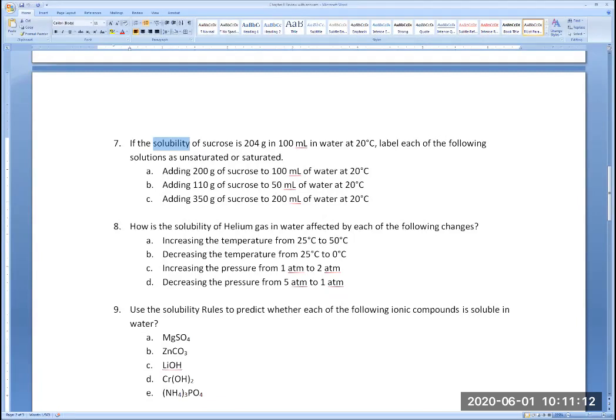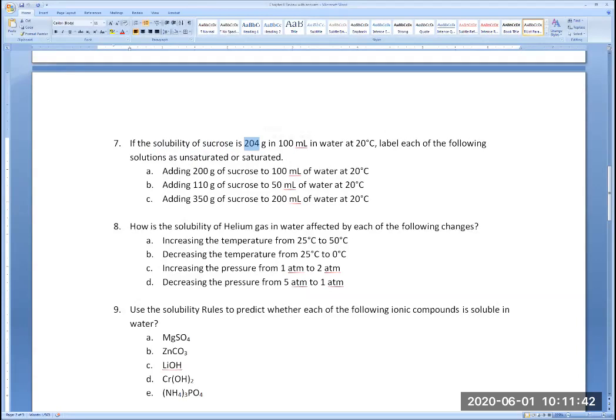And so here in this problem, it's about sucrose. Sucrose is sugar. So the solubility of sucrose is 204 grams in 100 milliliters of water at 20 degrees Celsius. So we know that at 20 degrees Celsius, when you have 100 milliliters of water, you can only dissolve a maximum of 204 grams of sucrose in that amount of water.